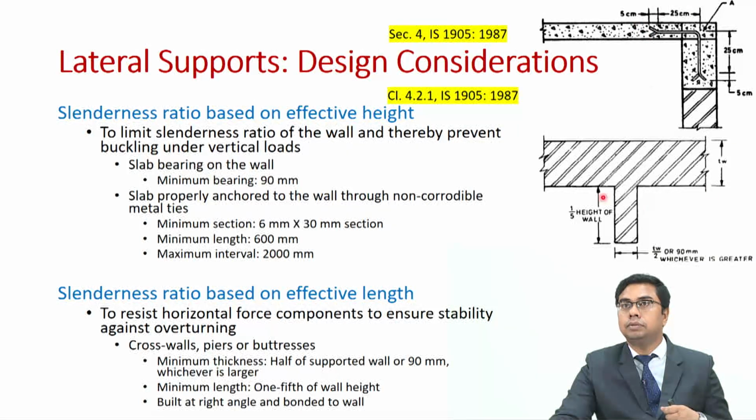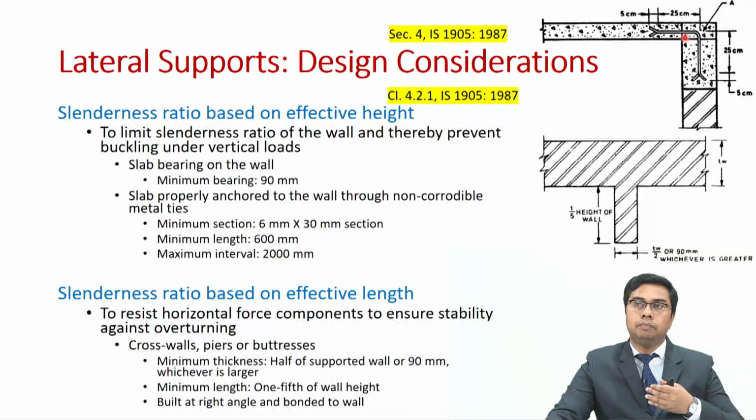These diagrams have been obtained from IS 1905. You can always have a look into the code, and what you observe is that the length of this connector or metal tie is 600 millimeters, and these ties should be placed at a maximum interval of 2 meters.